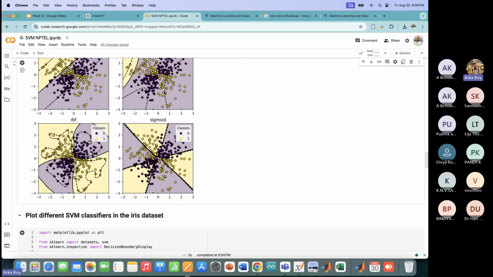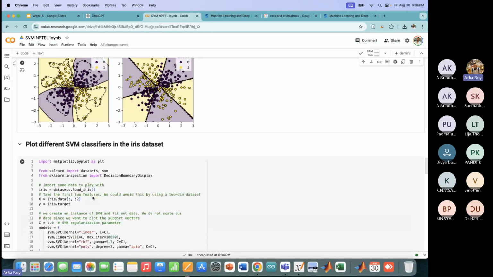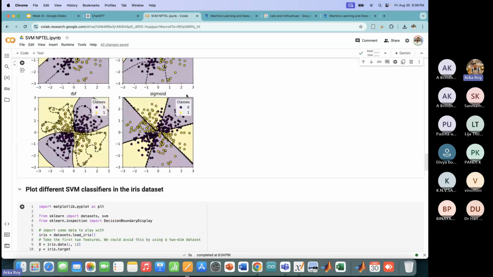In general, as we have not dealt with the radial basis function yet, but you will see people use the radial basis function pretty widely for this sort of classification purposes. Okay.